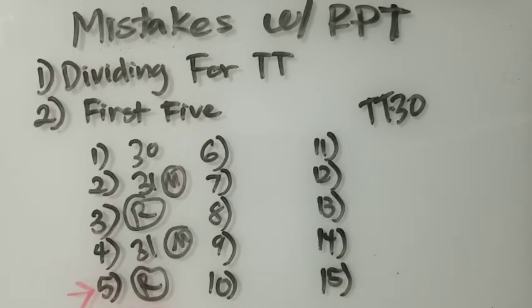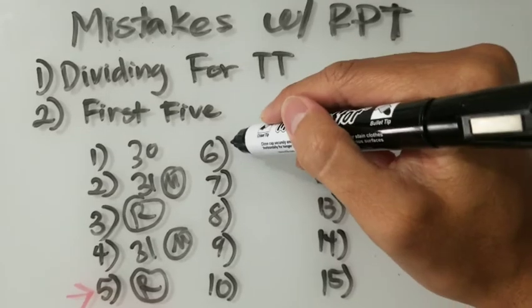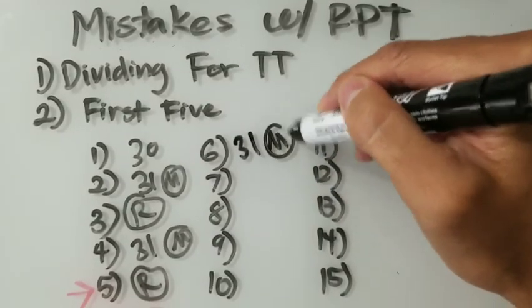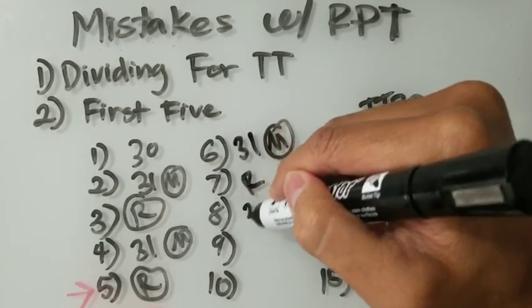But since I reread the USRPT documentation over and over again, I found this first five, and even if they miss two in a row, they would still have to keep going until they miss two in a row or three after number five.